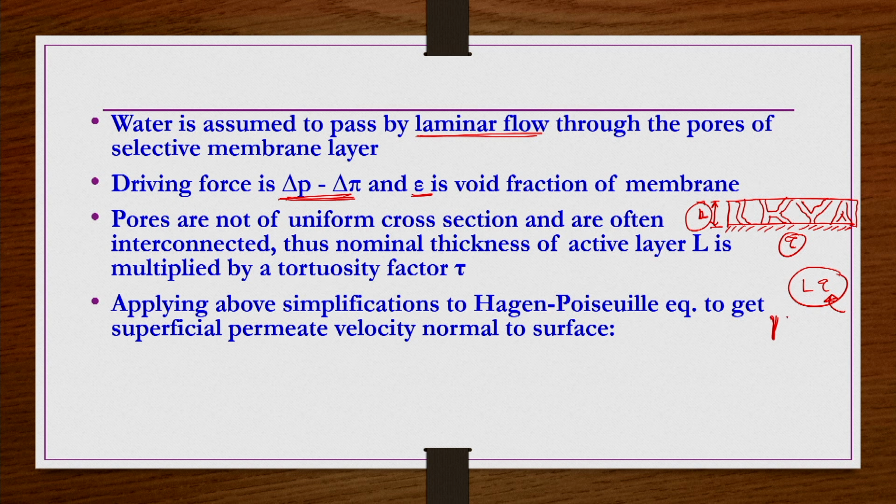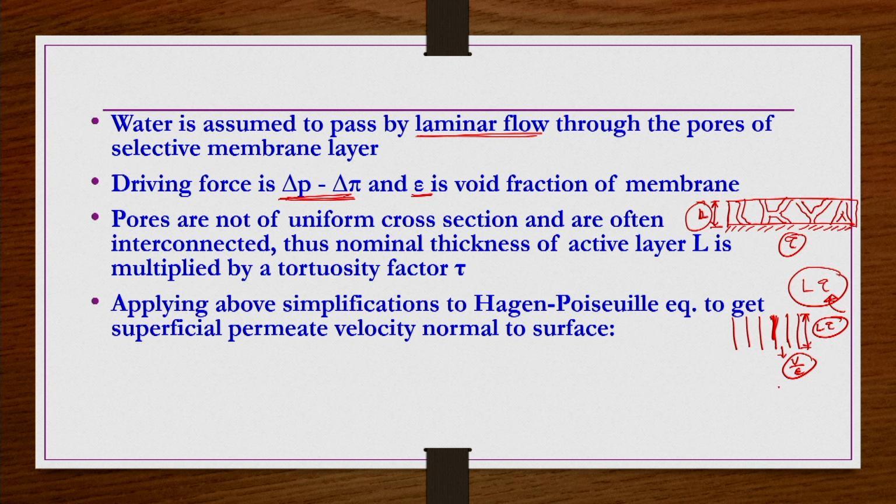Through individual pores, each pore of length L tau, the permeate velocity is V by epsilon, because there are n number of such pores, exactly the same way that we have done for the packed bed. So, these factors we have to bring into the Hagen-Poiseuille equation.